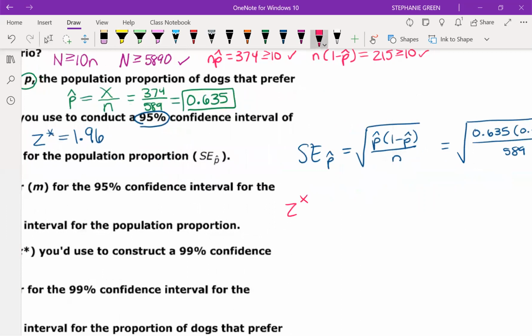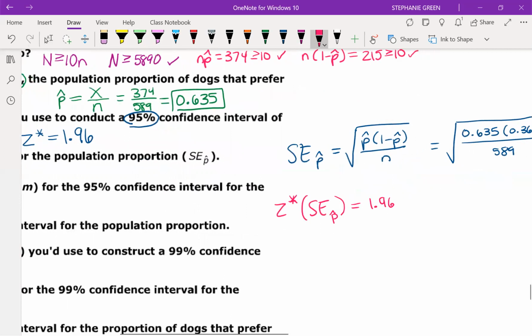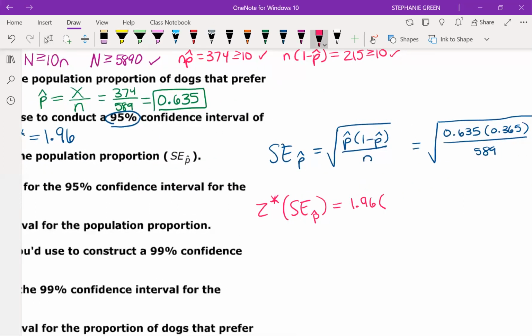In this case, we're looking at the sample proportion, which we just calculated above. We know Z star is 1.96 because we're calculating a 95% confidence interval, and we just found in the part above that our standard error for this sample proportion is 0.0198.